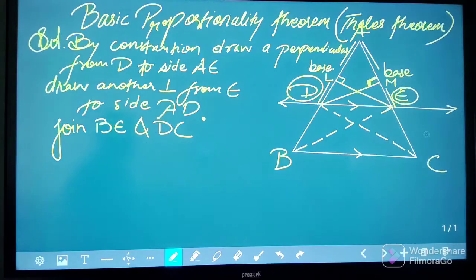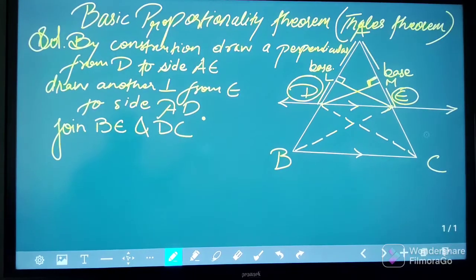These things you have to do by construction. After doing this, we will be able to reach the result of the Thales theorem, that is, how Thales got that result.